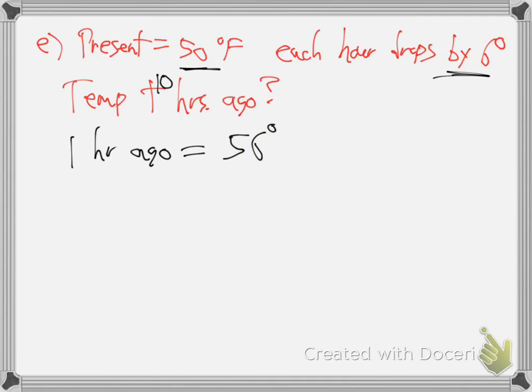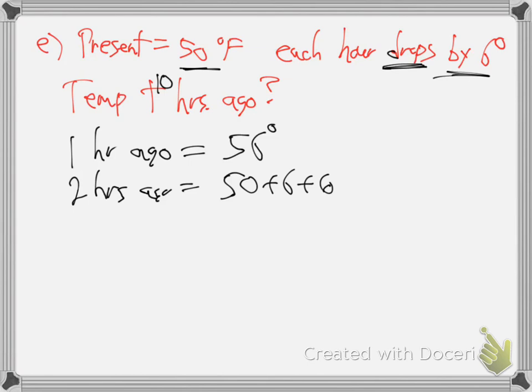Because it's dropping by 6 every hour. So 1 hour ago must have been 56. Must have been hotter. 2 hours ago, add 6 twice, whatever that is, right? Take the original 50, add 6 twice, because it's dropped by 6 twice in the last hours, etc.